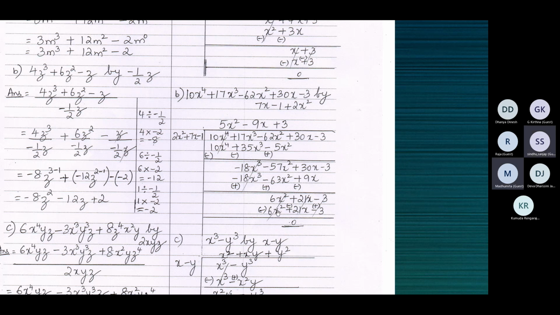Minus 6x square by 2x square, ma'am. No, just 6x square, not minus. 6x square by 2x square, which is plus 3. Multiply 3 with all these three terms. Change the signs. All of them get cancelled, and the remainder is 0.